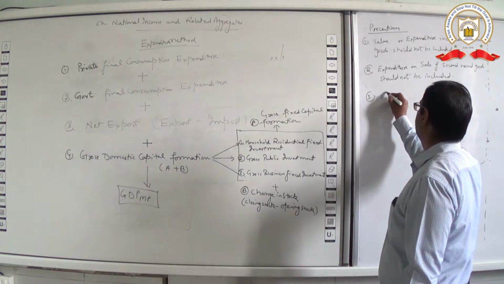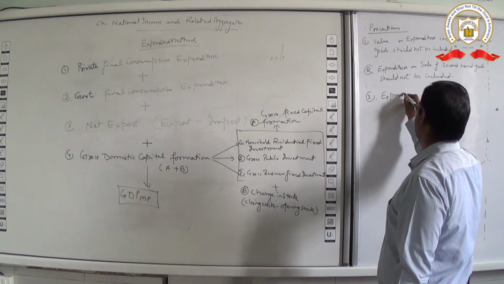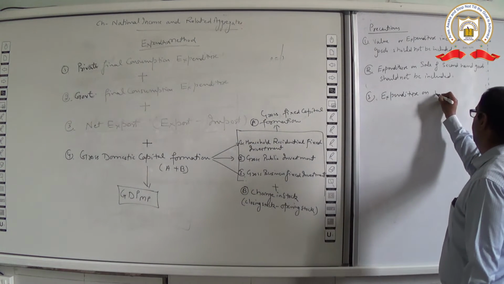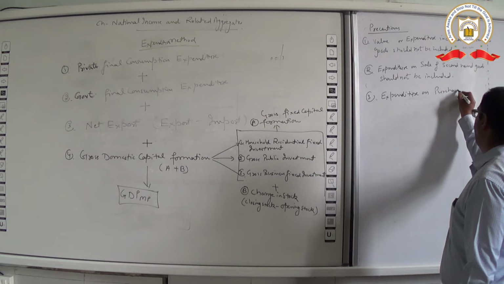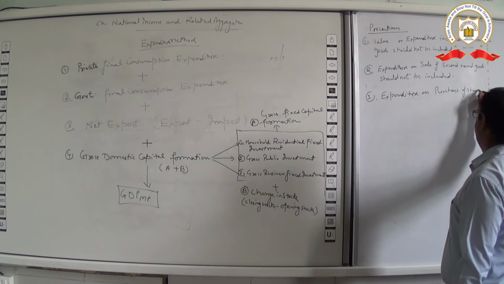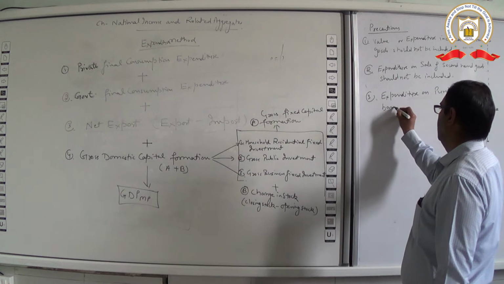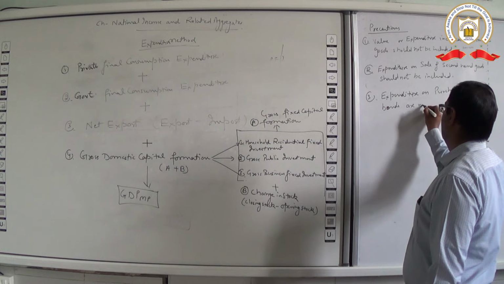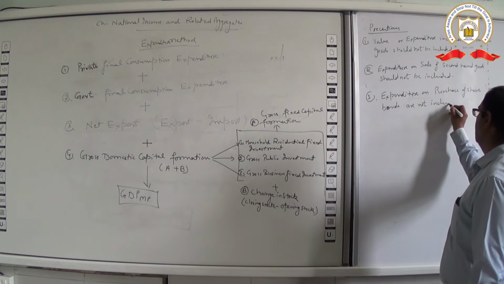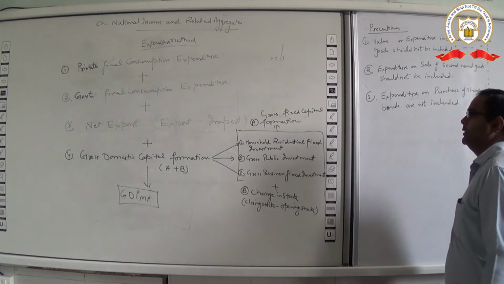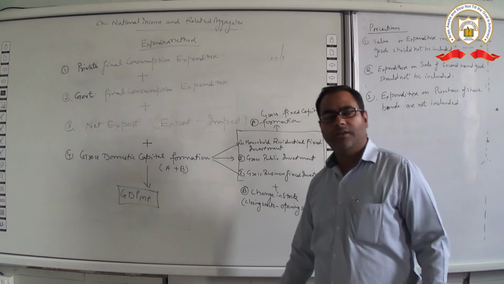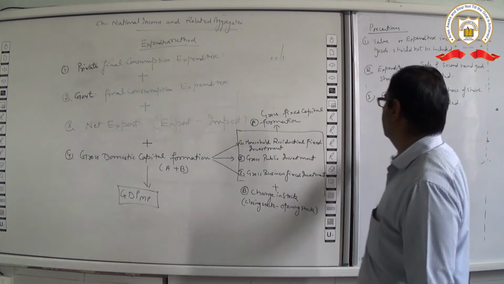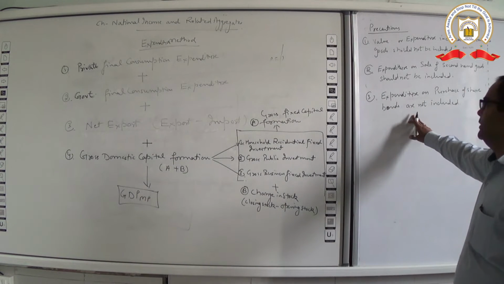Third, expenditure on purchase of shares and bonds is not included, because these are financial transactions and do not take part in the production of goods.